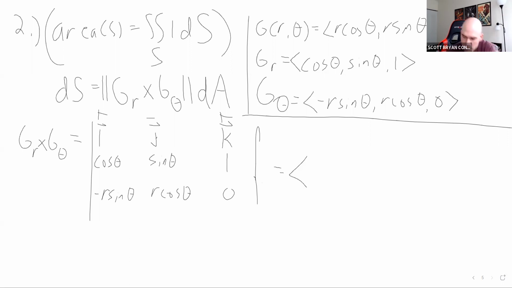Do your little plus minus plus bit. I'm just going to calculate this really quickly. So we get negative r cos theta, negative r sine theta. And then r cos squared plus r sine squared, which is just r.